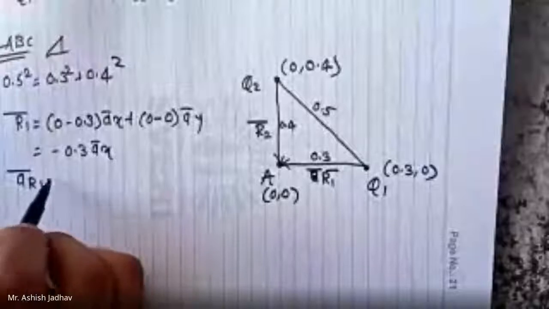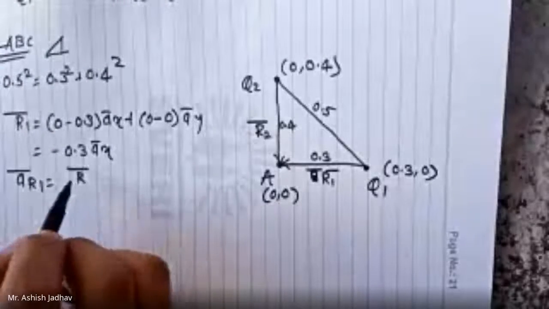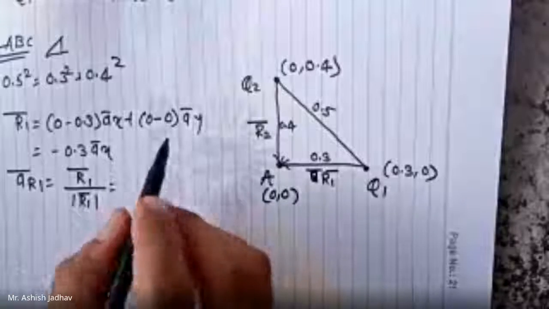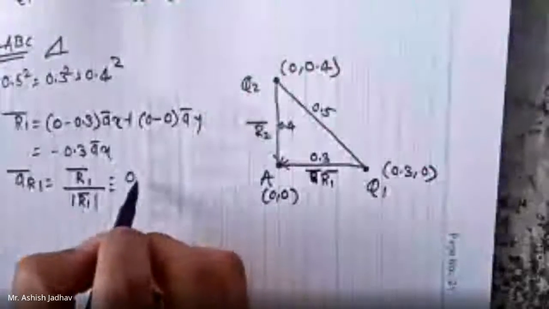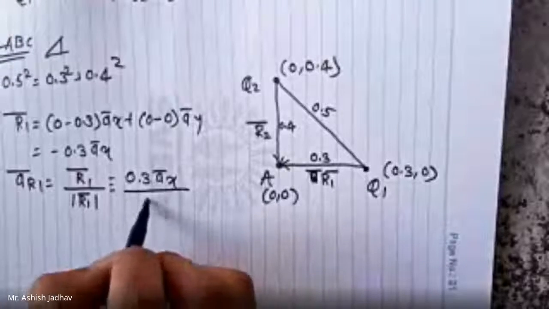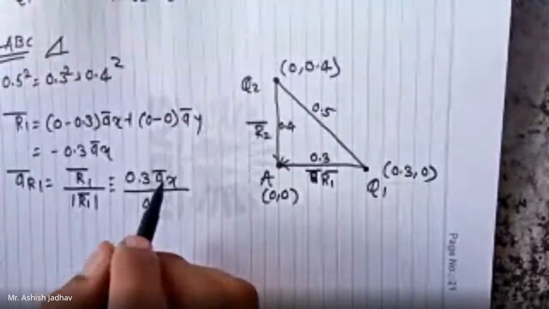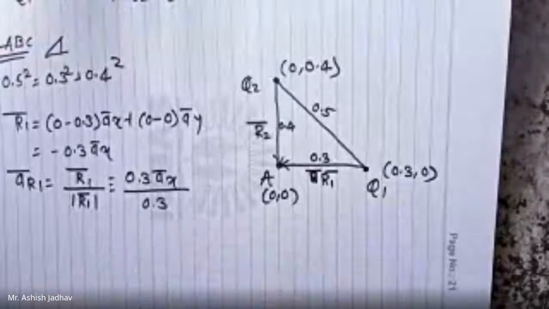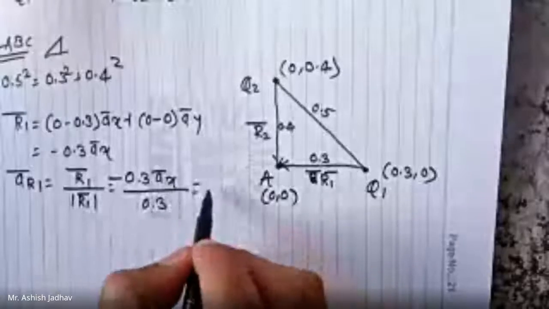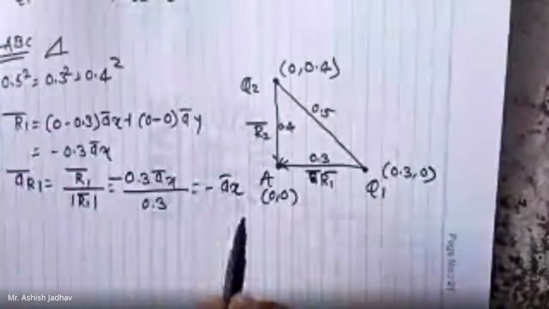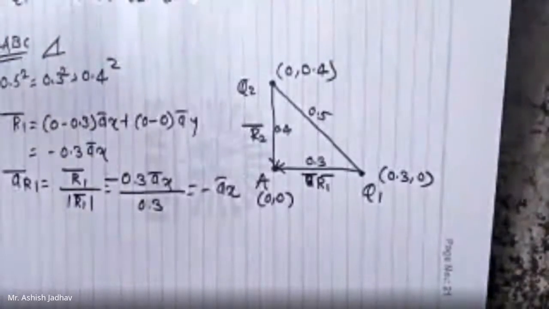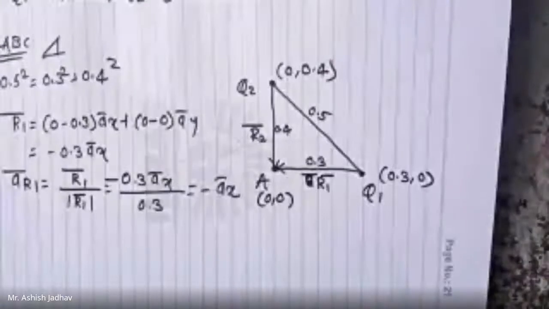A bar R1 is equal to R1 bar upon mod of R1. This is the definition, equal to 0 minus 0.3 a bar x divided by 0.3. So what we get here is minus a bar x. So unit vector a bar r1 is equal to minus a bar x.